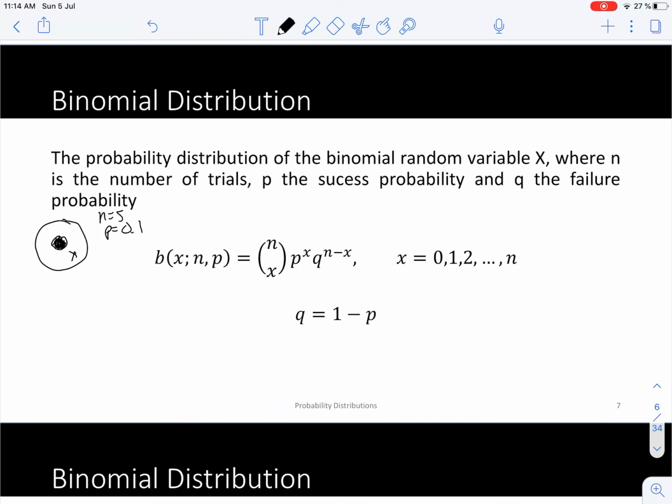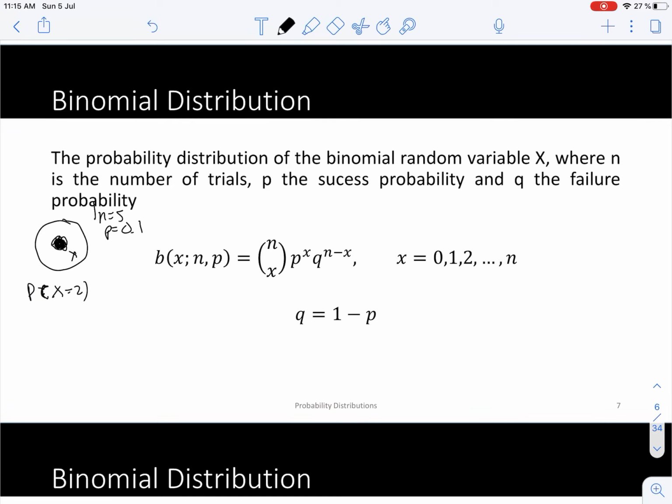Alright, so I want to find the probability that x equals 2. That's the probability that we'll hit the circle exactly 2 times out of the 5 trials, right? So that might happen in different ways.